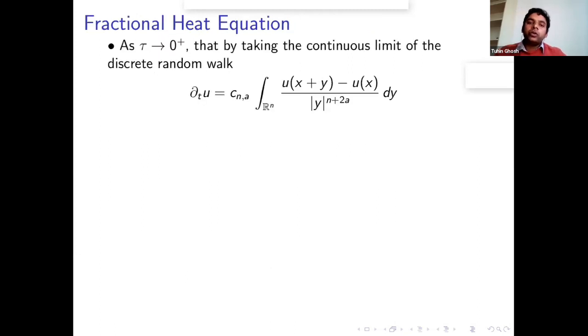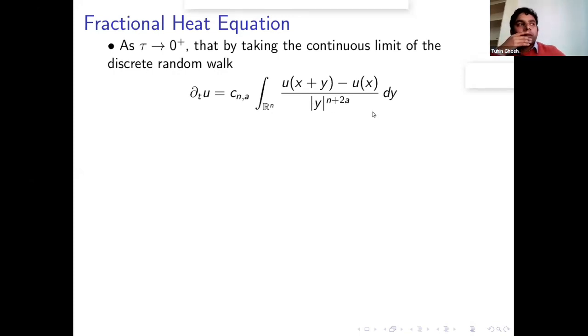If you do so, you get back the continuous limit of the discrete random walk. On the left hand side, you get back the partial derivative of u with respect to time. And on the right hand side, you get this quantity u(x plus y) minus u(x) divided by mod y to the power n plus 2a.